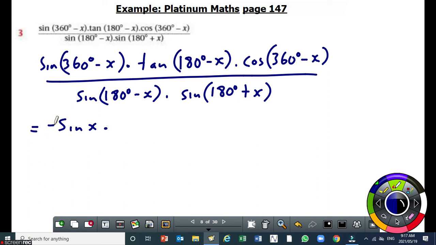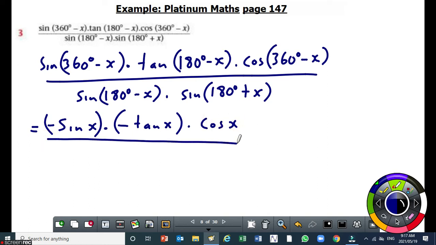Then tan 180 minus x is going to be in the second quadrant, so it will look like this one here, which means it's going to be equivalent to minus tan x. So I'll put that minus tan x in brackets. Then cos 360 minus x. Now this one is in the fourth quadrant, so it looks like this one here. So it's going to be equivalent to cos x.